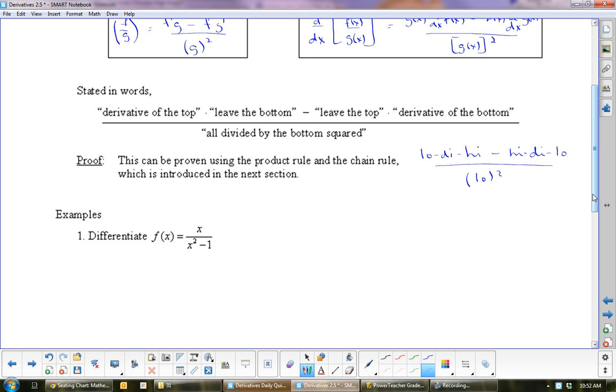So low D high minus high D low over low squared. Okay? That's how I keep it straight. Sometimes the more ridiculous, the easier it is to remember. So that means the low times the derivative of the high minus the high times the derivative of the low over the low squared.